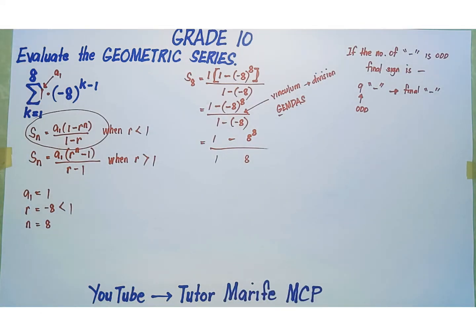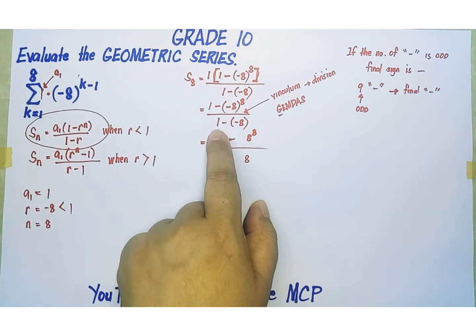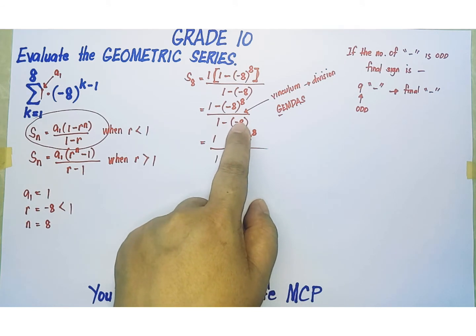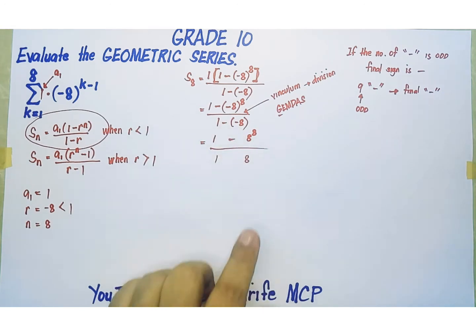One way is, of course, by using the subtraction rule sa grade 7, kasi you are subtracting two signed numbers. Anong subtraction rule? You change the minus sign to plus sign and change the sign of the subtrahend. So, this becomes plus and this becomes positive 8.